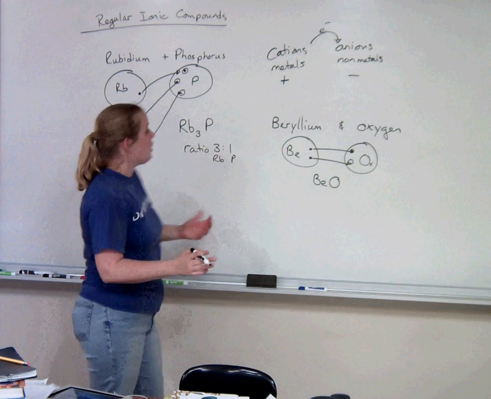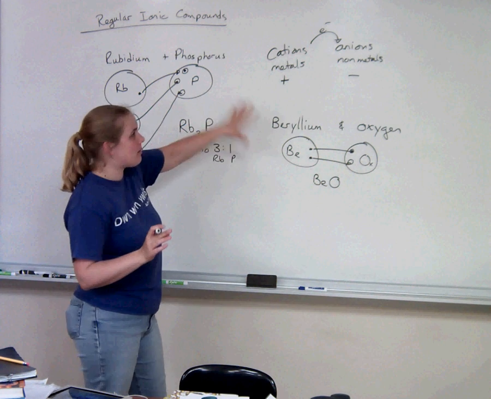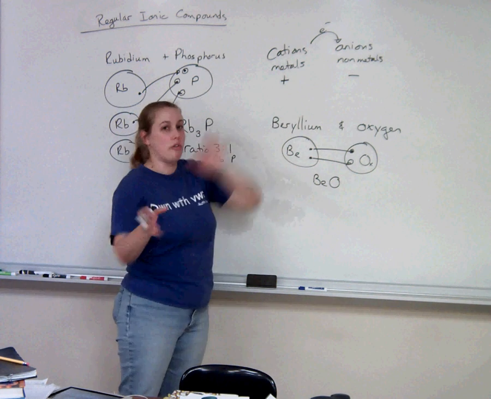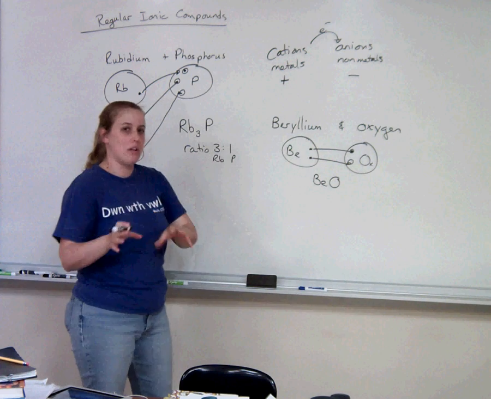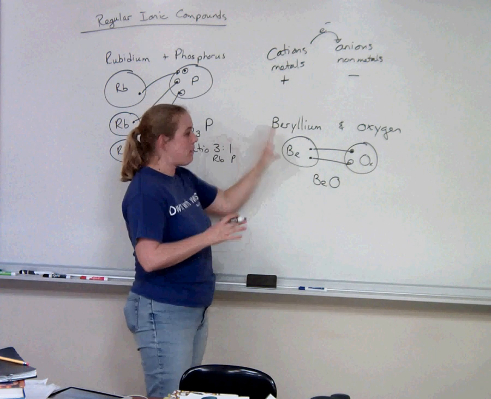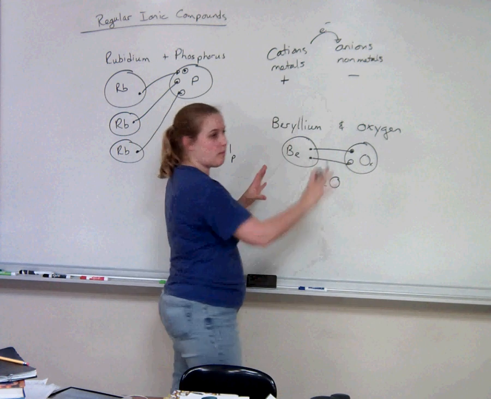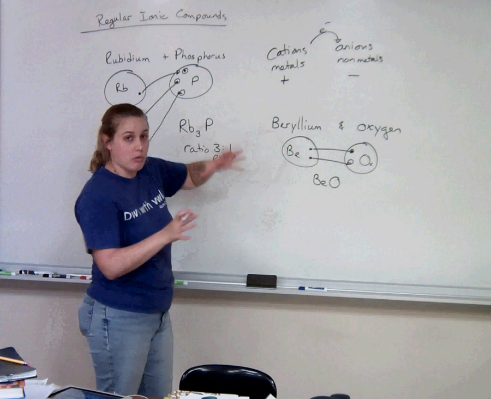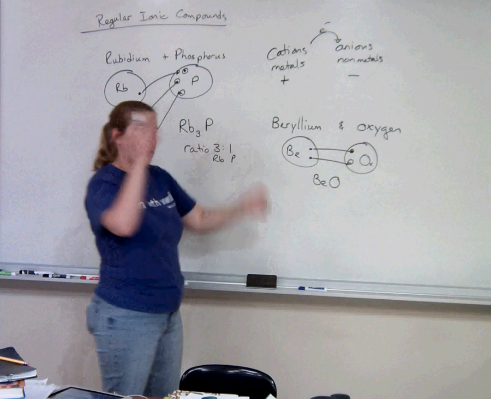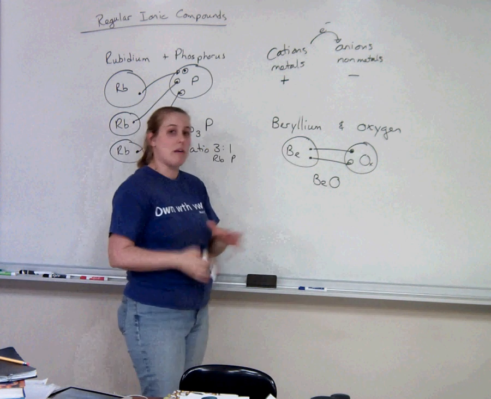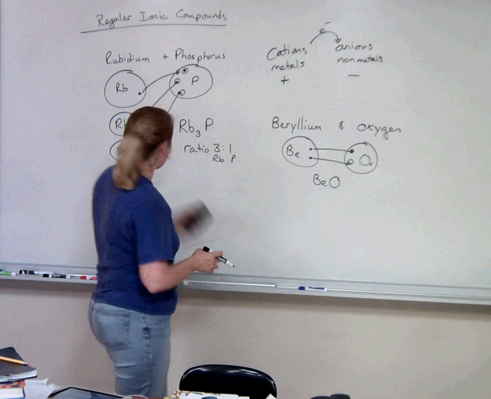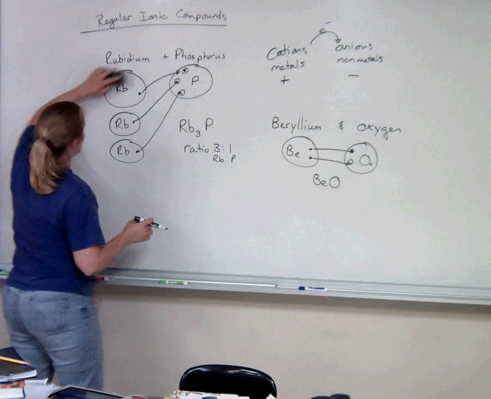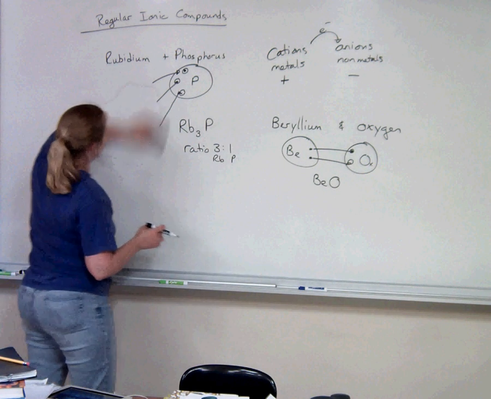Okay, so for any 2 atoms that I give you, a cation and an anion, you can figure out, based on the charges written on the periodic table, how many of the cation you need for how many of the anion. You can draw that out if you like. If you're a visual person, you can draw it out and figure that out with the electrons and the holes. But let me show you a mathematical way to do the same thing. Let's say we're going to do rubidium and phosphorus.